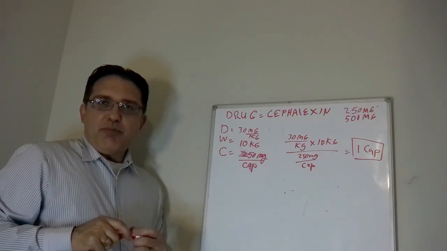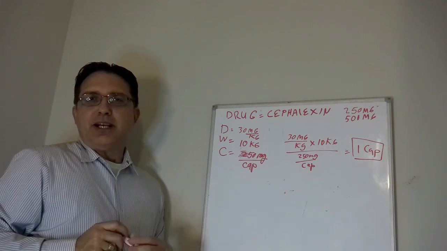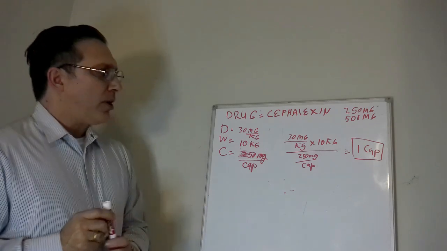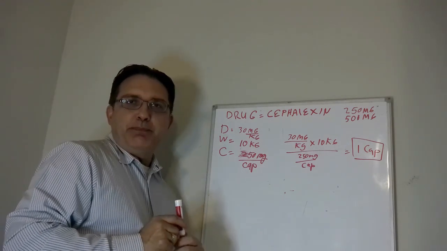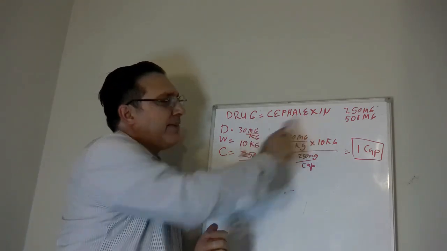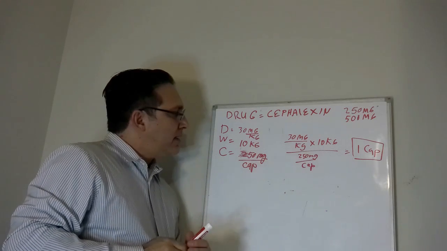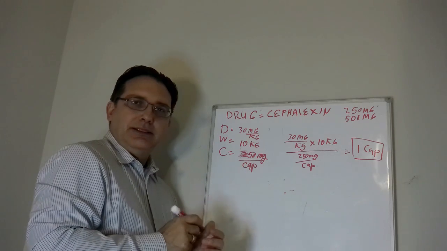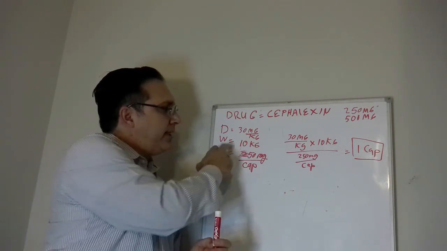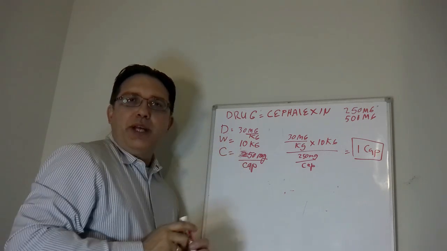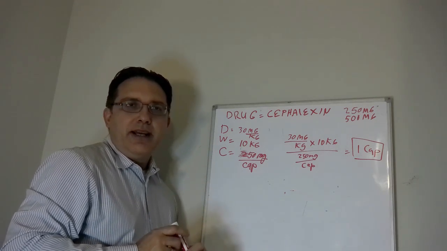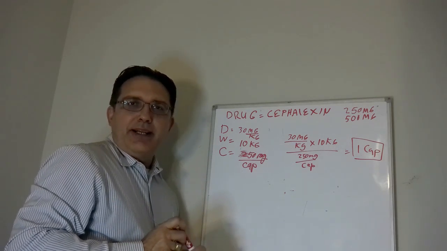So in this example, we have a dog that has a skin infection, a dermatitis. And we're going to dispense this drug, Cephalexin. It's an antibiotic. So here's the formula, DWC. The dose, you get it in a pharmacology book, like Plumb's. You'll find it in almost any veterinary clinic.